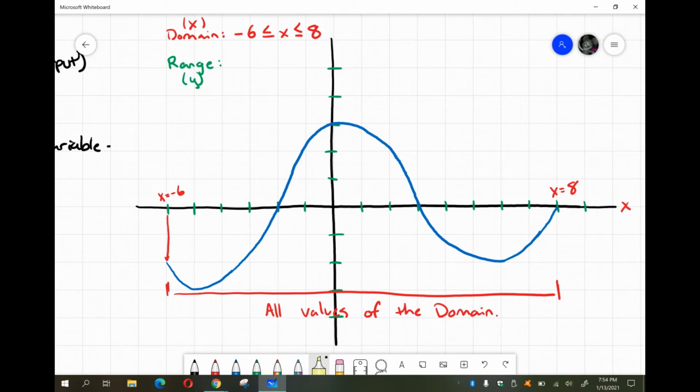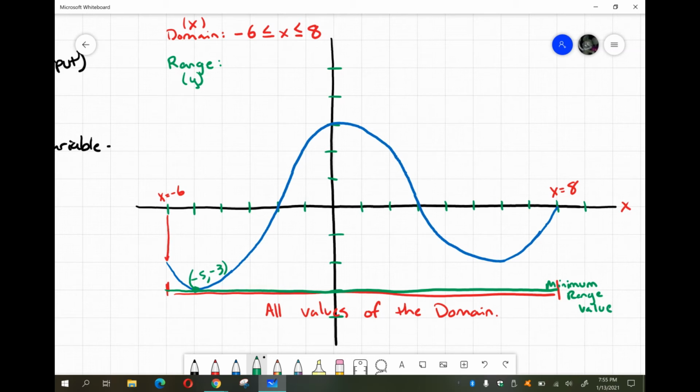What are the possible outcomes from our domain? Looking at the very smallest value, I see that it would be here, which is the point -5, -3, which tells me that there is never going to be the blue curve below the green bar.